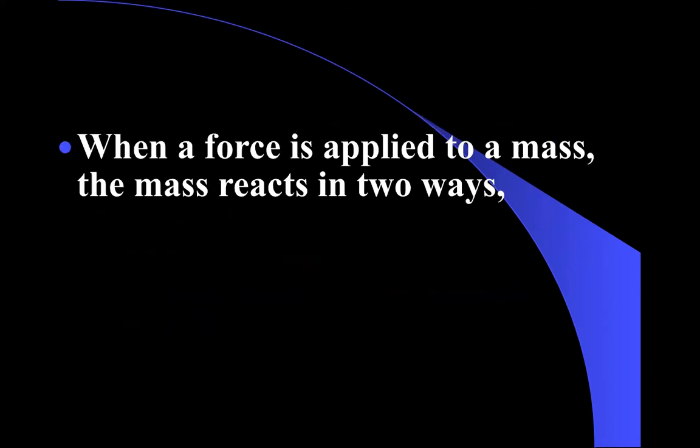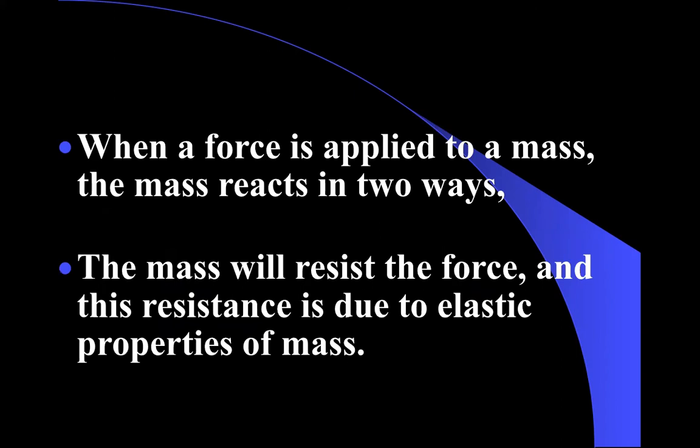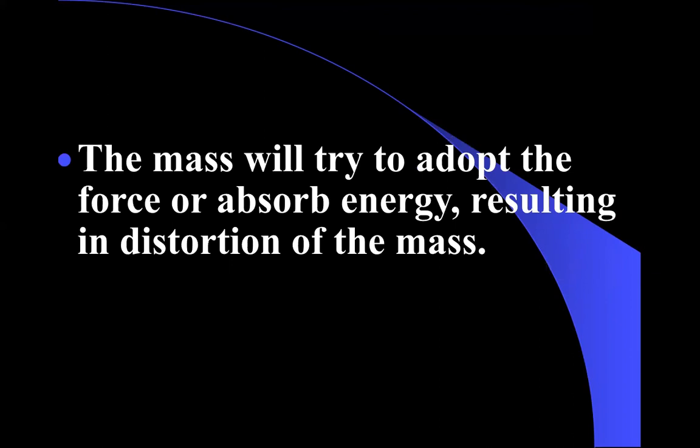So when a force is applied to a mass, the mass reacts in a two-way. The mass will resist the force, and this resistance is due to the elastic properties of the mass. The mass will try to adapt to the force or absorb energy, resulting in distortion of the mass.